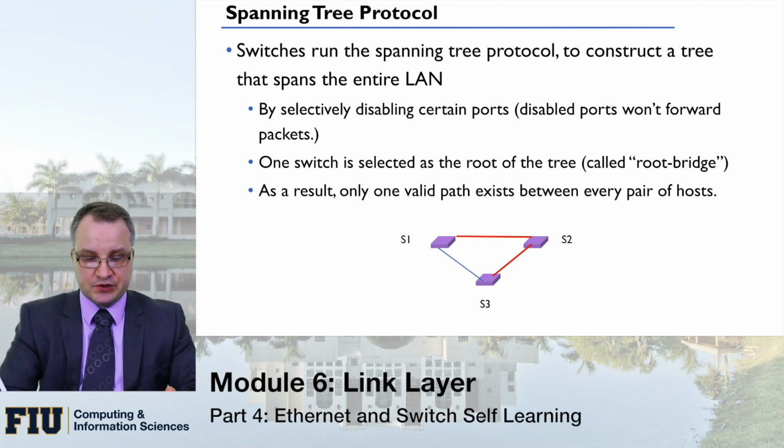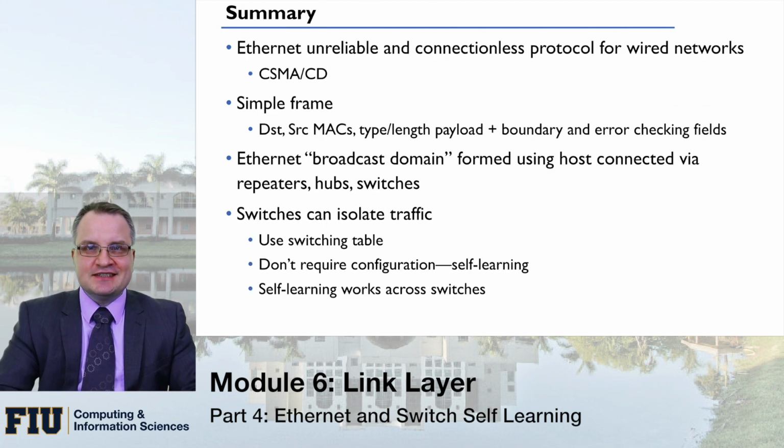So with today's switches, the broadcast storm is not that big a problem, but it's still a problem because you have to run some form of spanning tree in order to disable looped links and avoid any potential looping in the system.